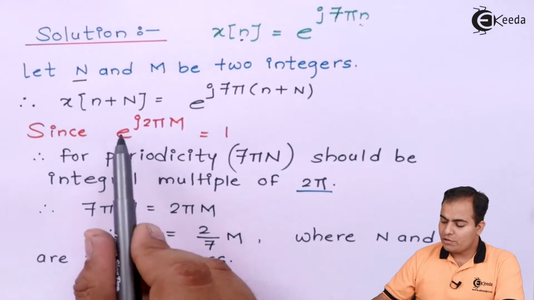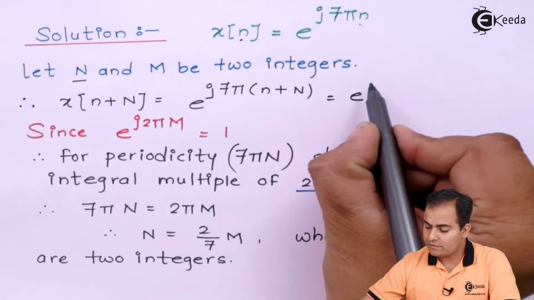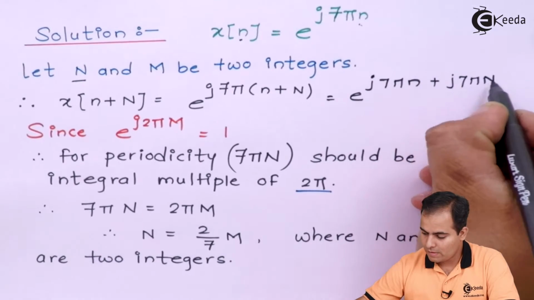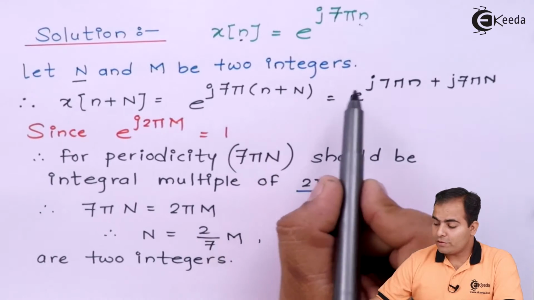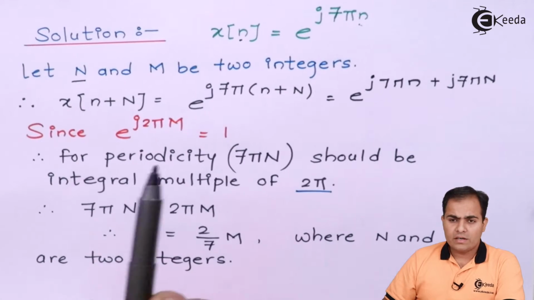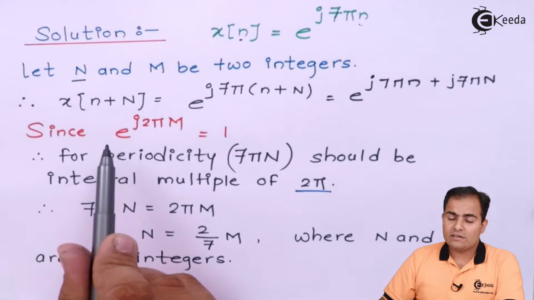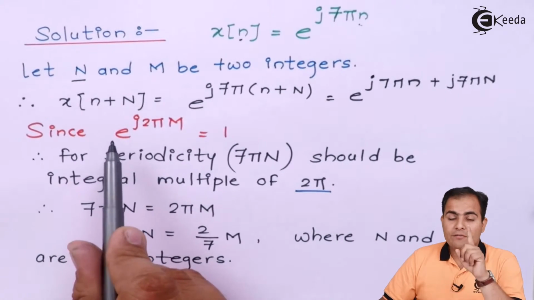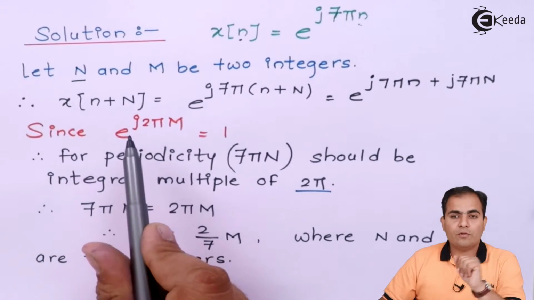Now after multiplication we get e to the power j 7 pi small n plus j 7 pi capital N. As I told you, this exponential function can be periodic only if the power of the exponential is an integer multiple of 2 pi.